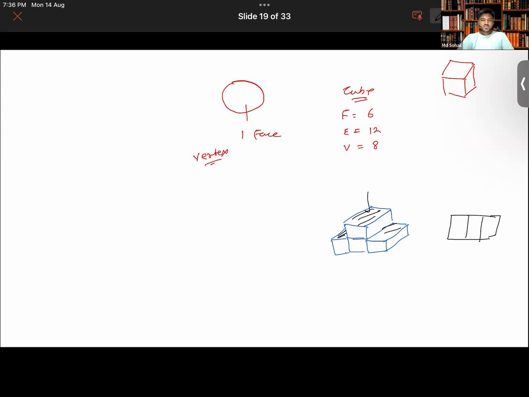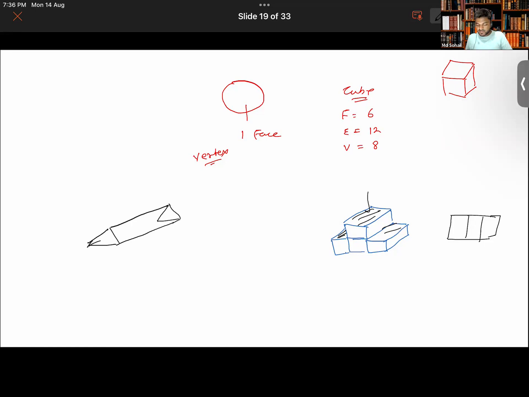Now we also talked about, apart from cube and cuboid, we also talked about prism. So prism, we knew that it is a solid whose 2 faces, that is the base and top, are polygons, and the sides, that is the lateral faces, are parallelograms. You guys must be aware of parallelograms, I'm hoping. It's slightly tilted.